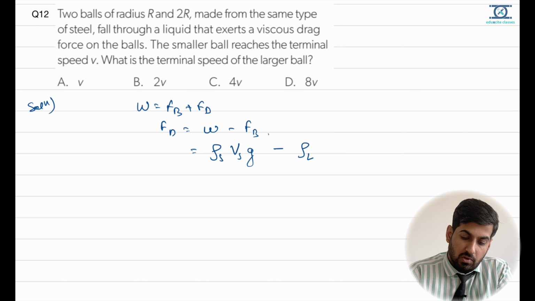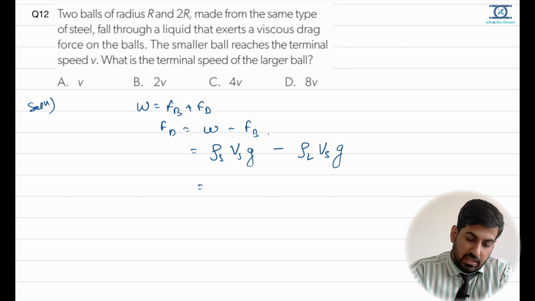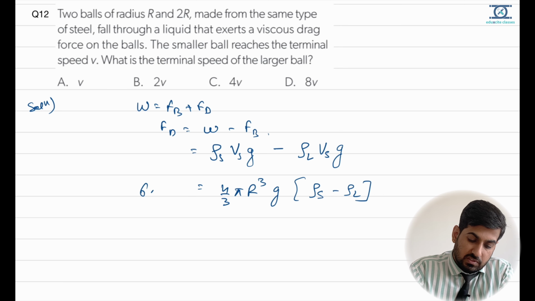And the volume is the complete volume of the steel ball times g, right? And the volume is constant, so I will take out 4 by 3 pi r cube times g, density of steel minus density of liquid, is equal to 6 pi eta r v.